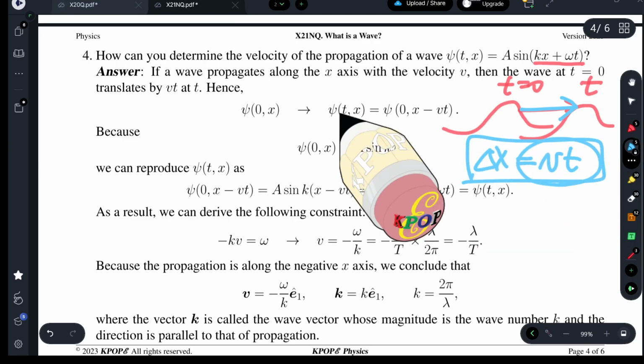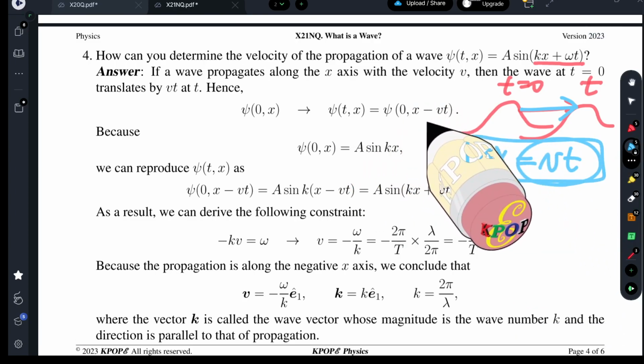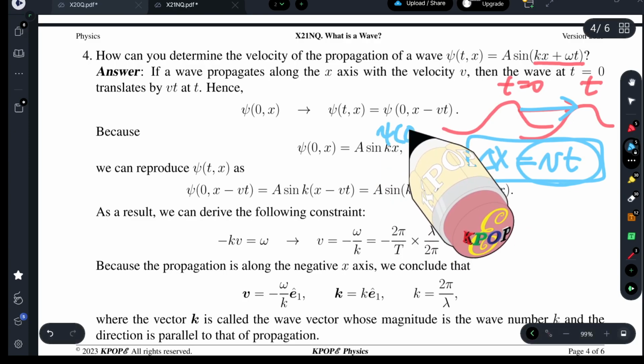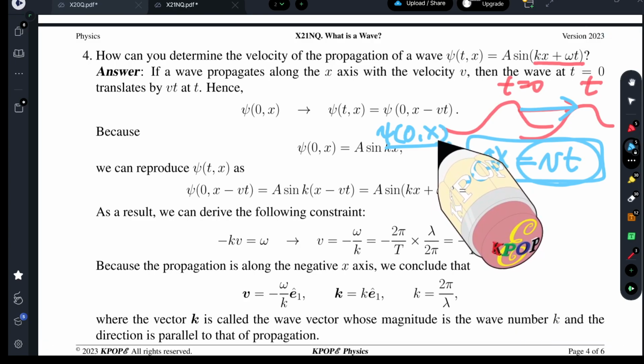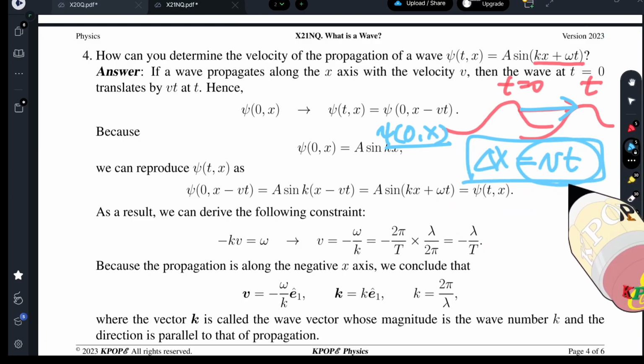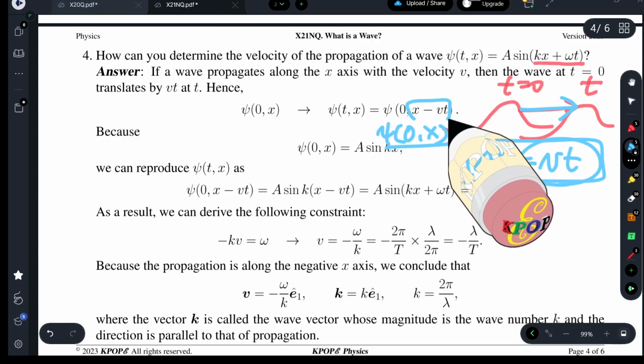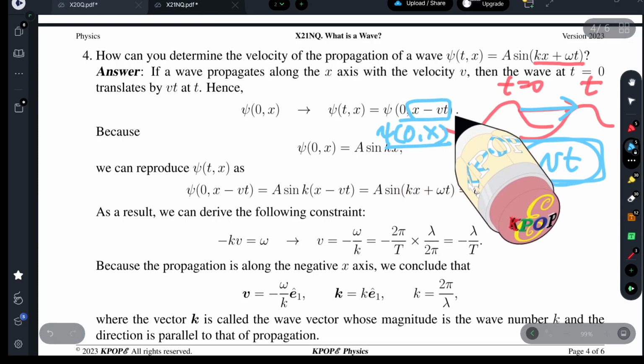At t equals 0, we used to have 0x, but it should be translated by plus Vt, so we substitute this one in this form.